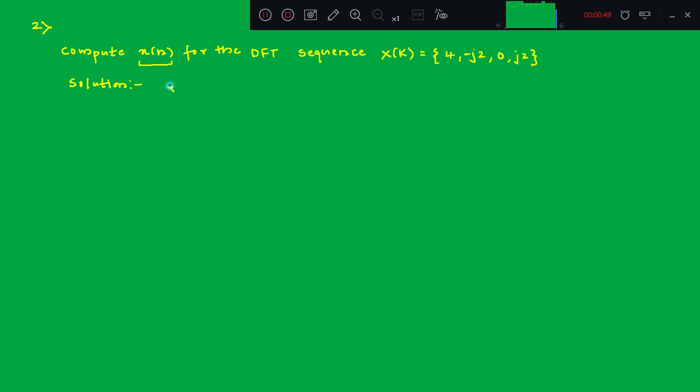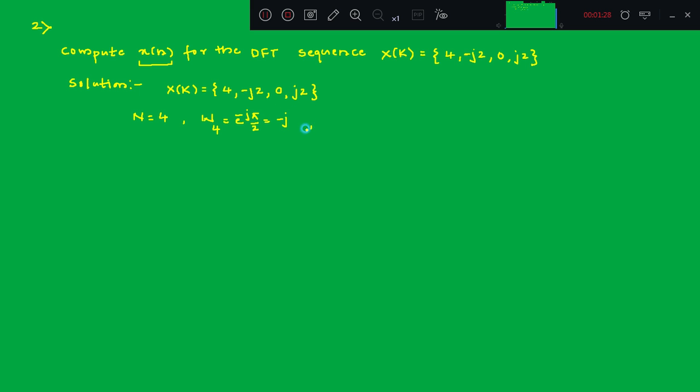So the given DFT sequence has the sample values 4 minus j2, 0, and plus j2. Next we write down capital N, how many samples in x of k: 4. Then you write W4, which is equal to e raised to minus j pi divided by 2, that is equal to minus j.